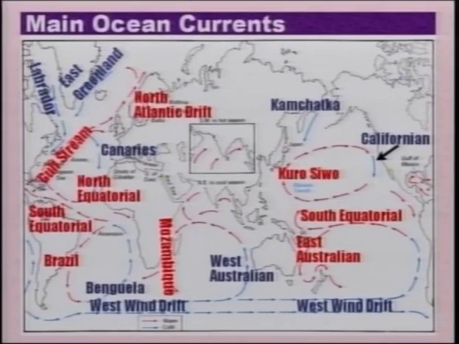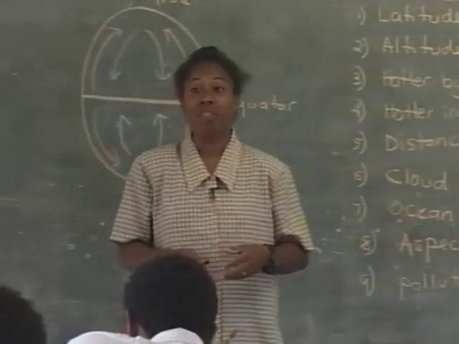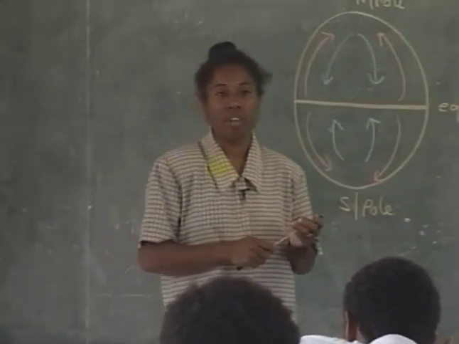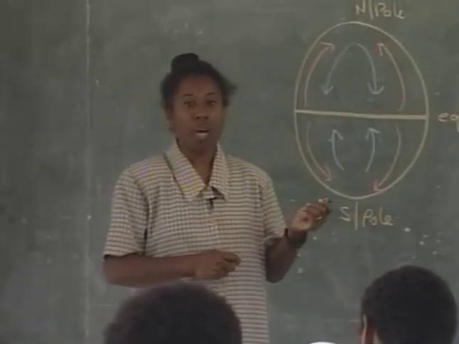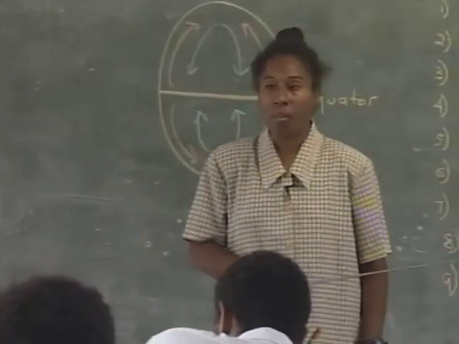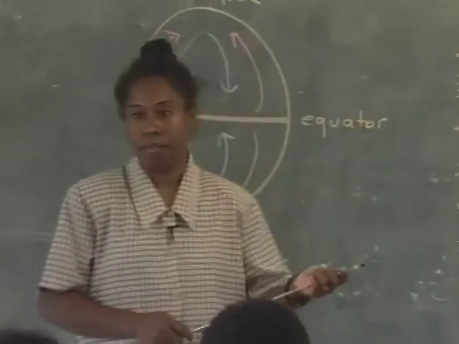If you look at page 134 of your atlas, there are two maps that generally give us an idea, and also give us the names of the different ocean currents. We have to recognize some of those ocean currents and know where they are flowing, within which region, and whether they are warm currents or cold currents.